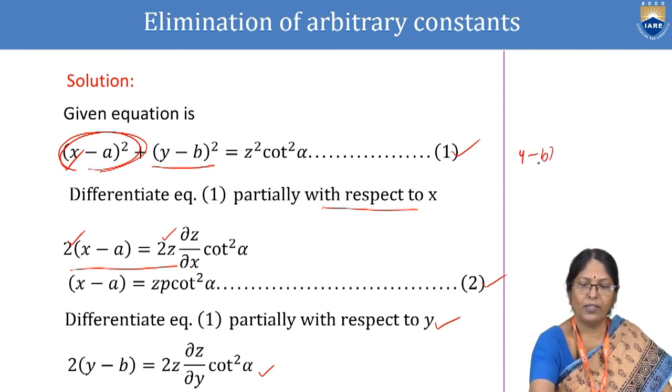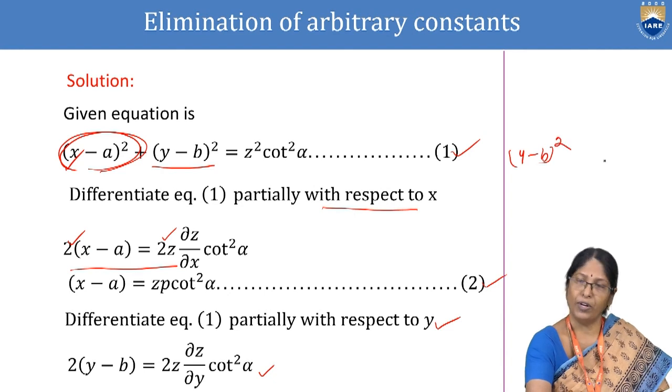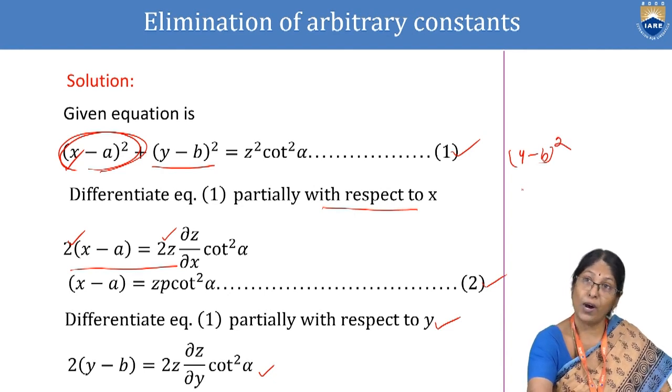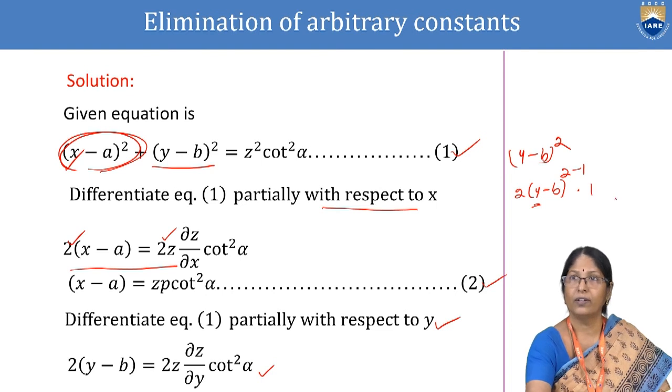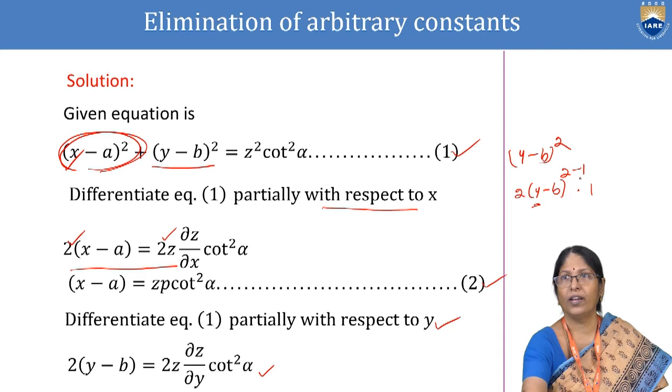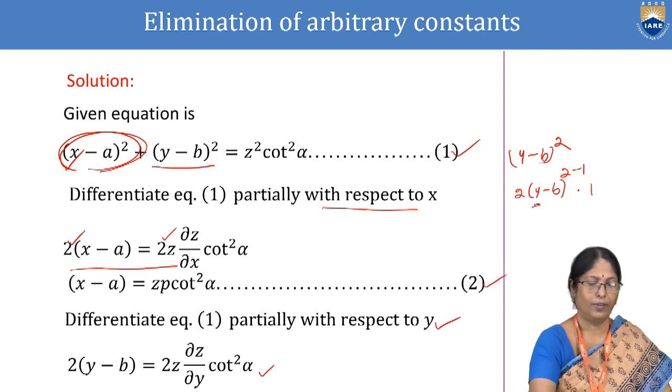We will do the differentiation partially to y minus b, 2 minus 1. Again y differentiation is 1. y is playing the role of independent. So it is written here.